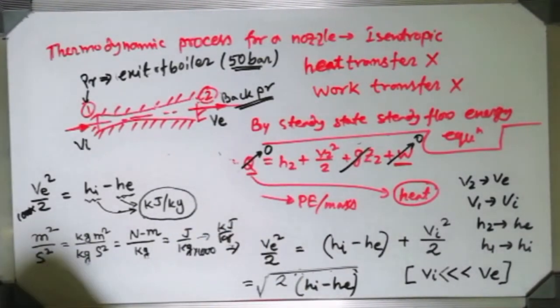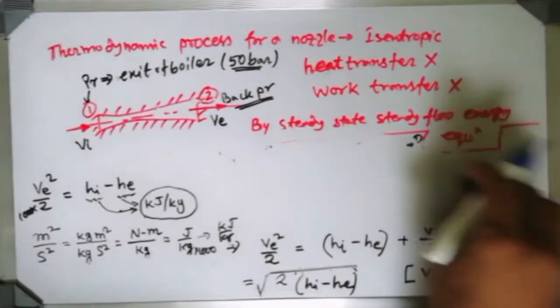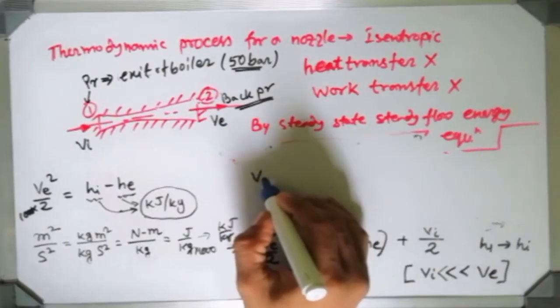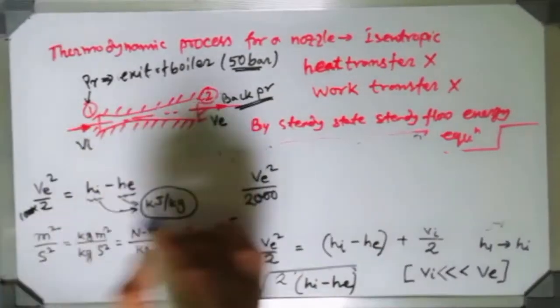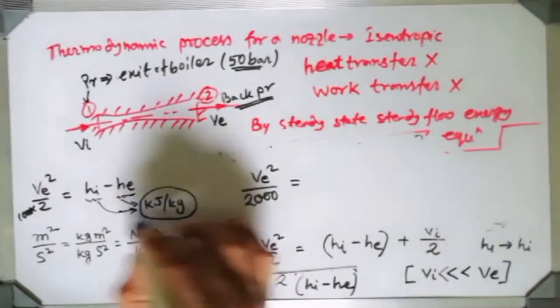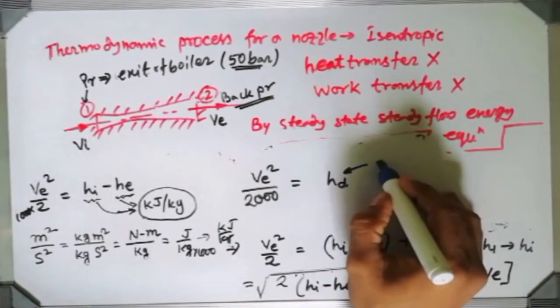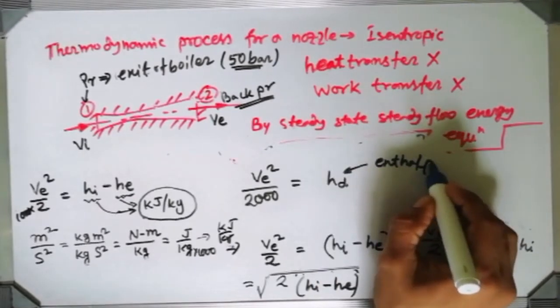So the final expression, whatever I have written over here, that will be slightly modified this way: v square by 2000, because 2 multiplied with 1000, and hi minus he, now I can write by hd. Hd means enthalpy drop. D stands for drop, enthalpy drop. And why that enthalpy drop?